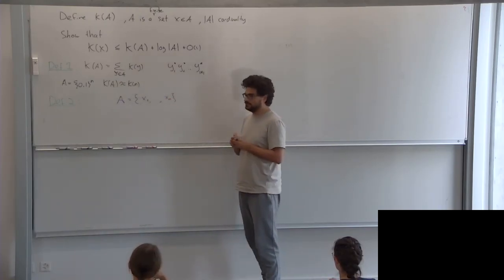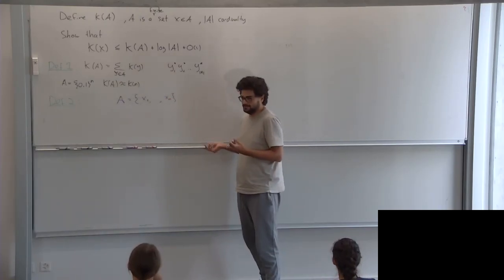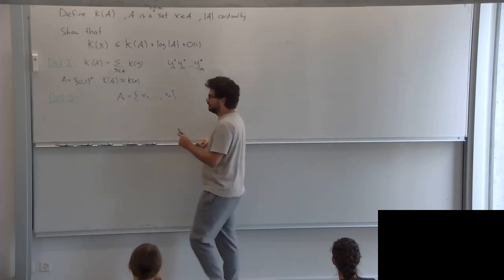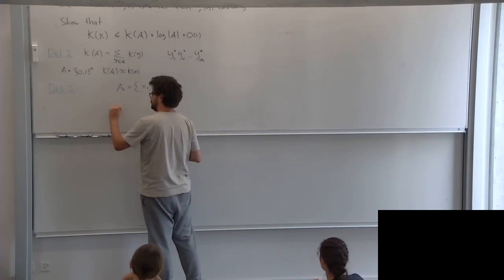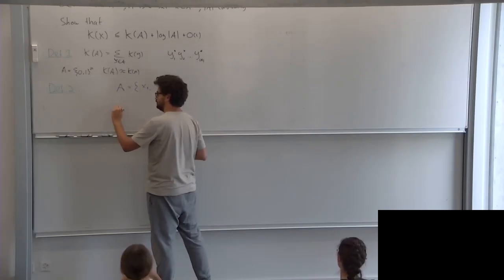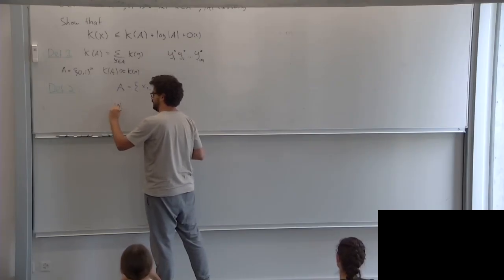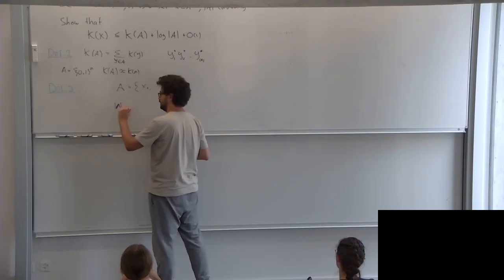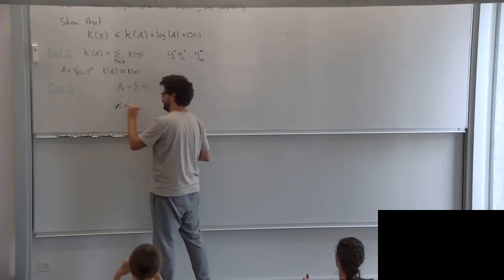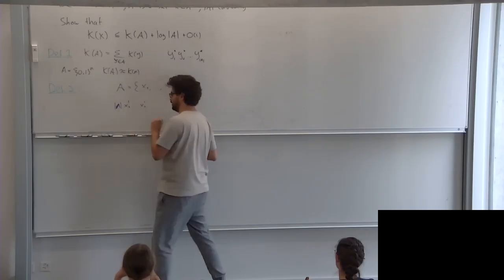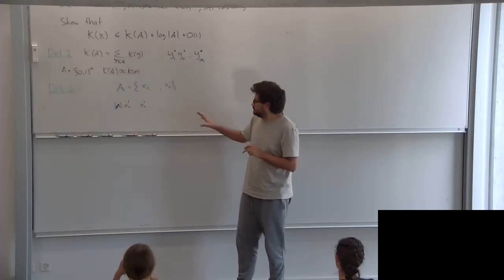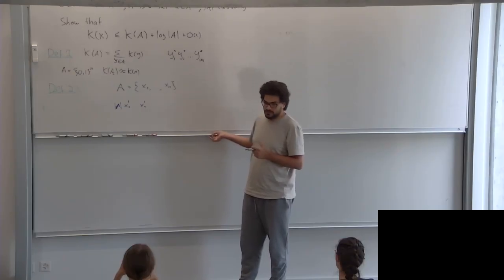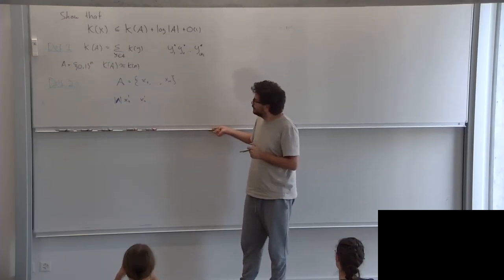Then a simple way to represent A, as a first idea, would be to represent this string where we encode the length of A, then we encode x1 prime up to xn prime, and find the best algorithm for this string, basically.